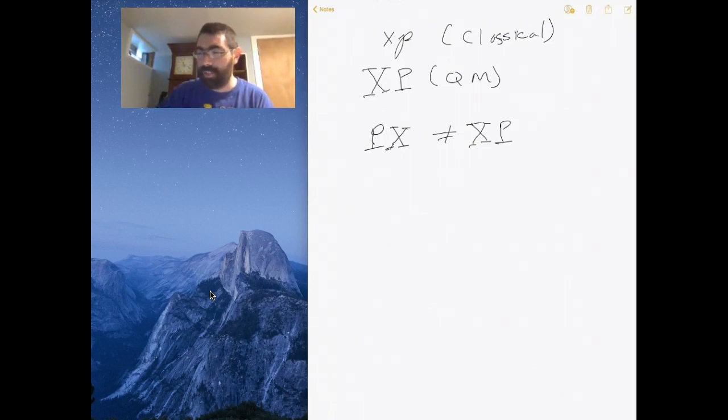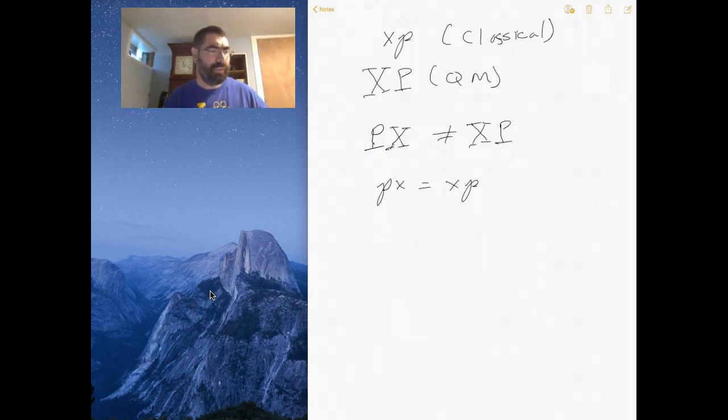Whereas in classical mechanics, it doesn't matter if I look at momentum second and position first, or I look at position and then momentum. Those things do commute in classical mechanics. But in quantum mechanics, the operators of position and momentum do not commute. So then the question is, well, what do we do?